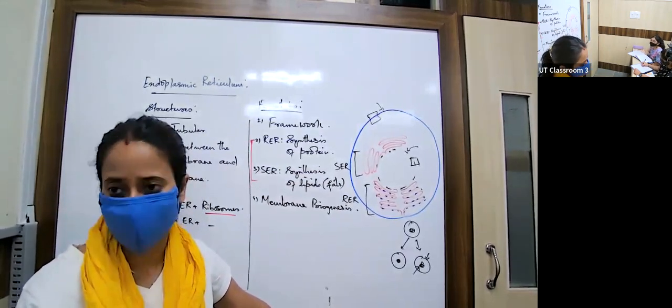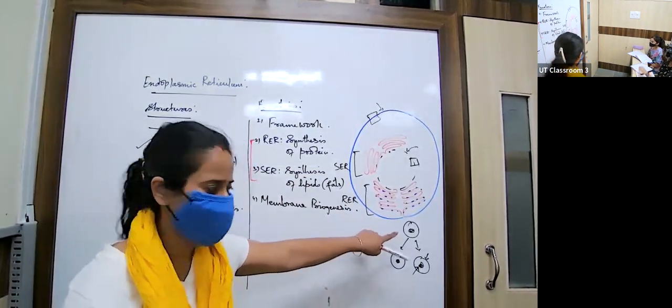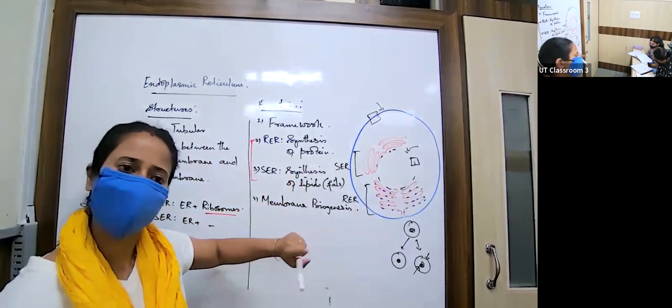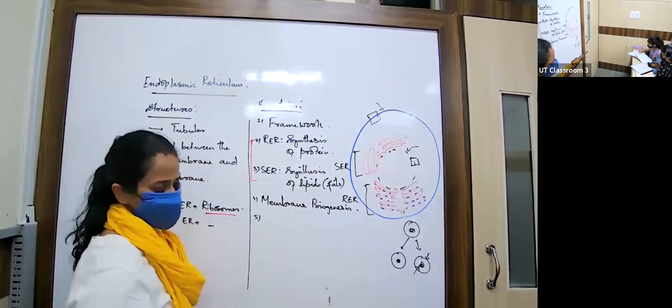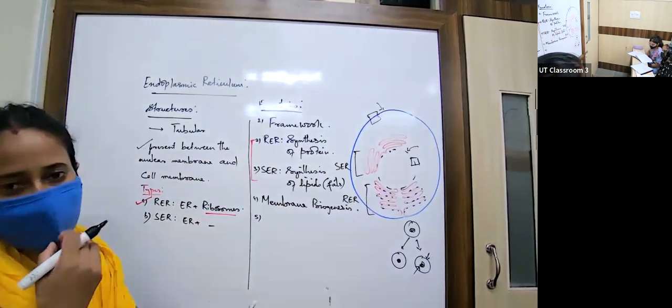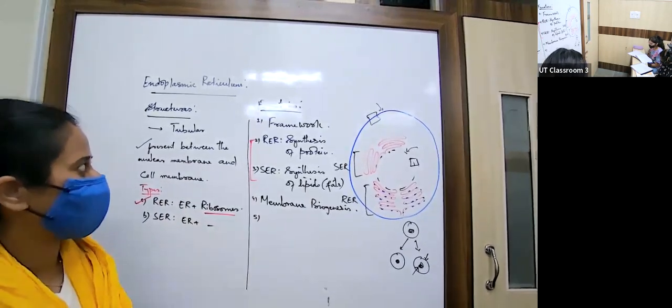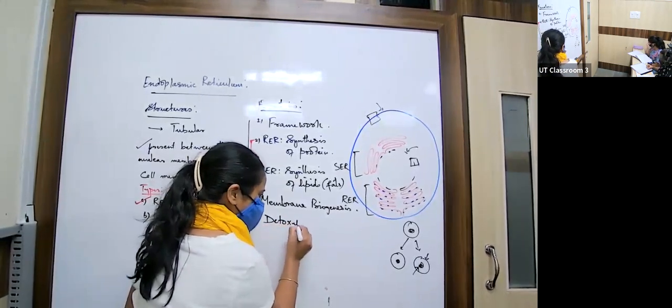Exactly the same way, this parent cell should have adequate molecules. Then the membrane of the new cell will be fully formed. So that's another function. Let us talk about one more function. Five functions let us learn. One more function of the endoplasmic reticulum is detoxification.